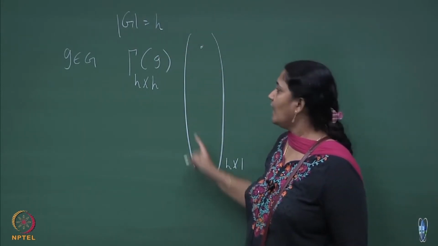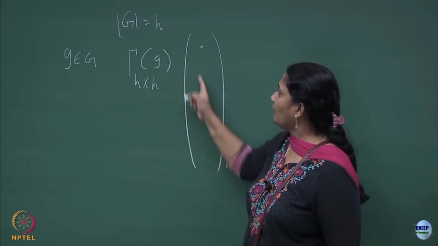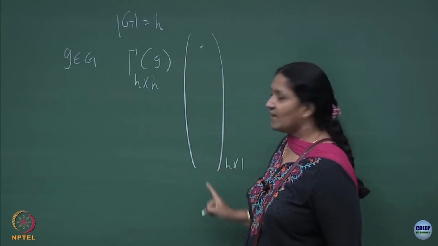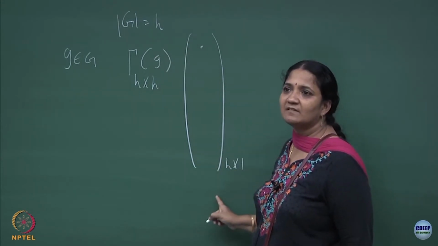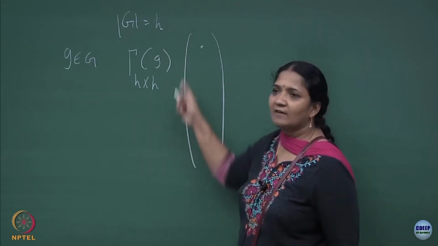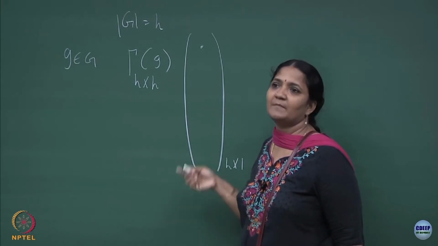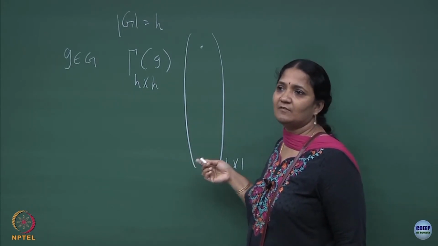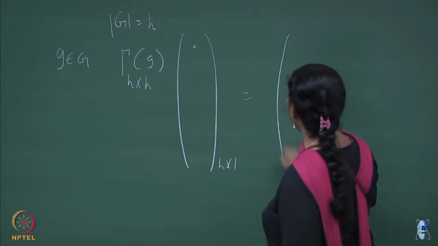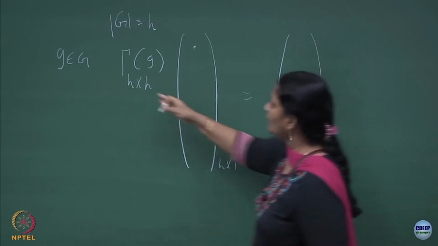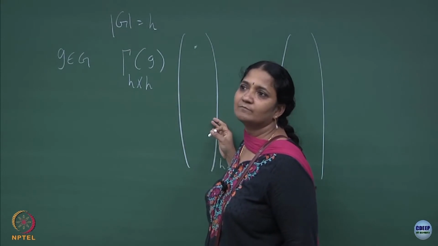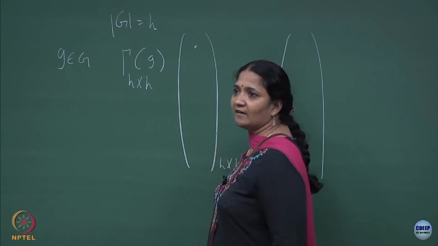And gamma G, when it operates on the H elements, the order of the group is H, there will be H elements in this discrete group, it is going to shuffle or give you some permuted combination, depending on how this matrix is operating. So, that is the idea.